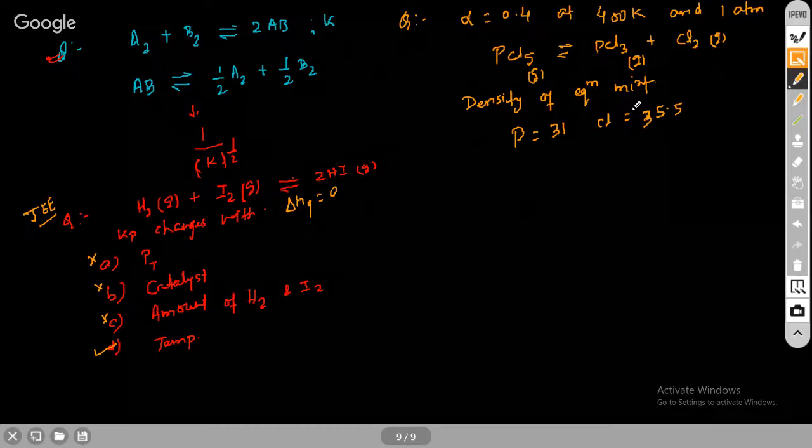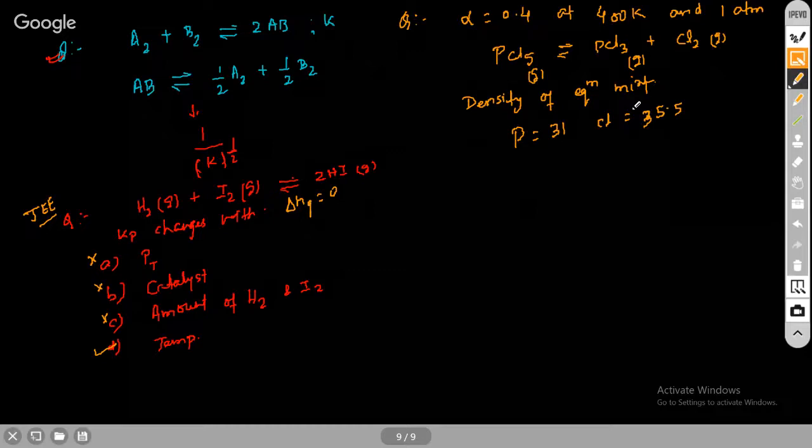So Kp will change when the number of moles of these reactants and products will change, correct? So suppose if you take a higher amount of H2 and I2, according to that only the amount of HI will also form.